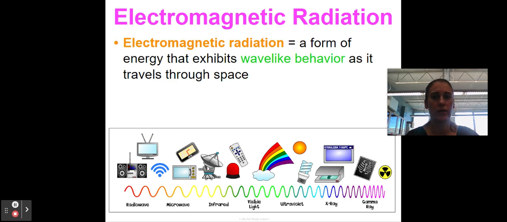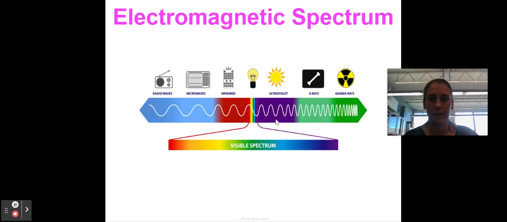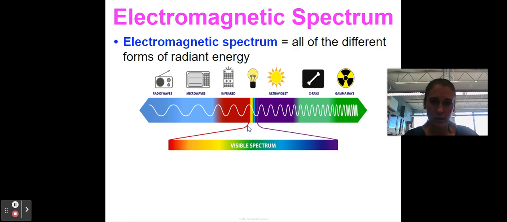So the definition of electromagnetic radiation is a form of energy that exhibits wave-like behavior as it travels through space. And these are all examples. Here is this tiny little piece in the visible spectrum, Roy G. Biv. Red, depending on how the spectrum is set up, is on the left-hand side in this case, which makes it longer waves, lower energy.